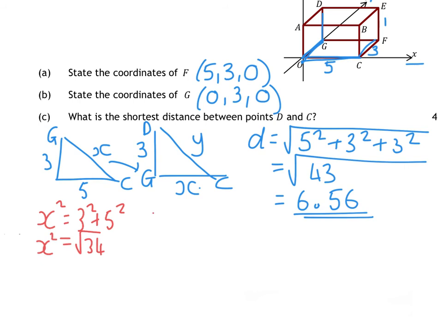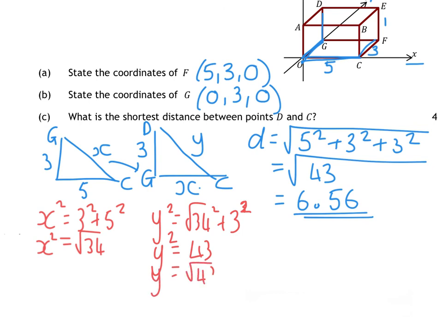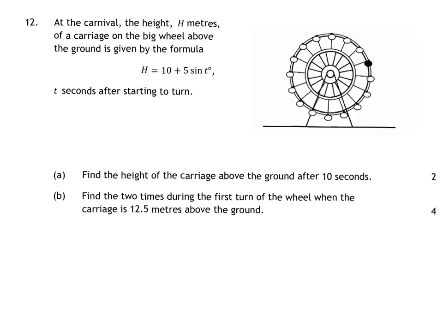And then you say, right, well, y squared would have been the square root of 34 squared plus 3 squared, which is 43, and then y is the square root of 43, which is what I got over there. Same answer. Okay, so either space diagonals, split it into two triangles, or you could do it as vectors, length, breadth, height. Square them all, square root it.